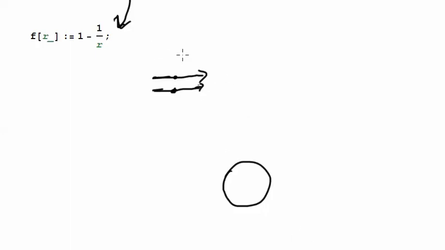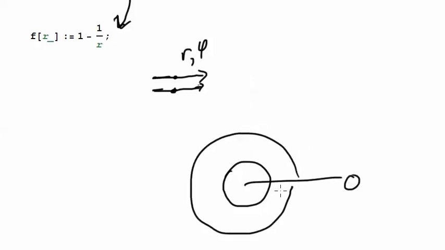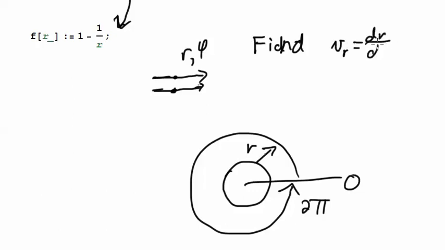And given the value of r and phi, because phi goes from, well, say this is 0 all the way back around to 2 pi, given the value of how far it was and how far the angle was, I calculated, basically find the radial velocity, which was v radial would have been dr dt, and the tangential velocity, which is r d phi dt.